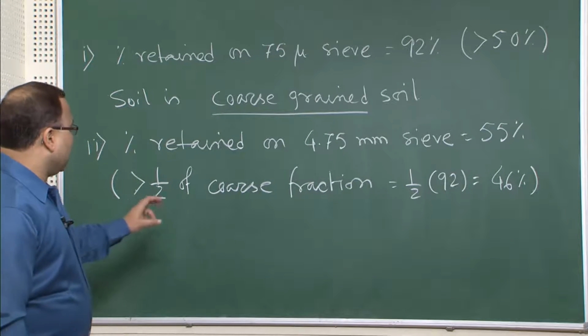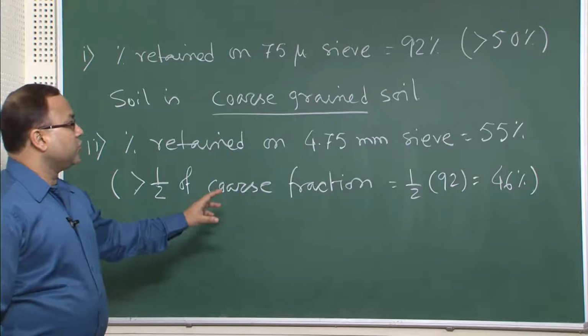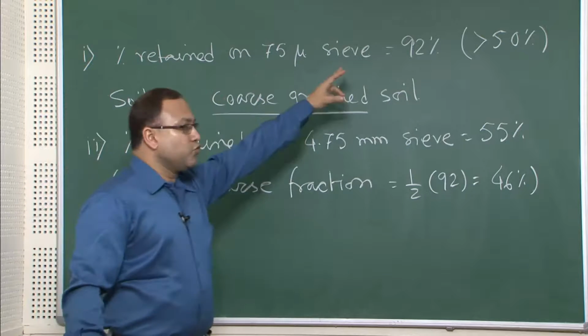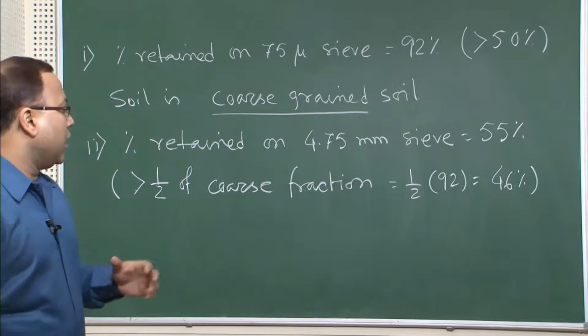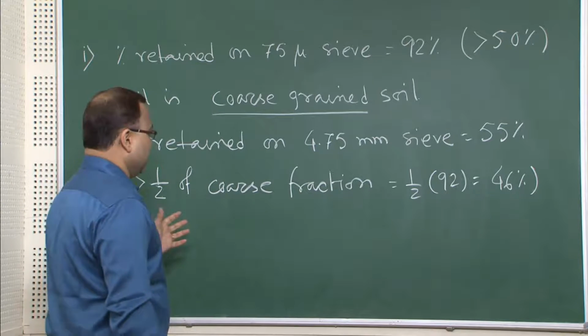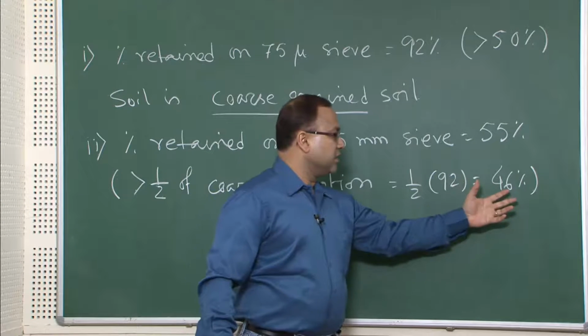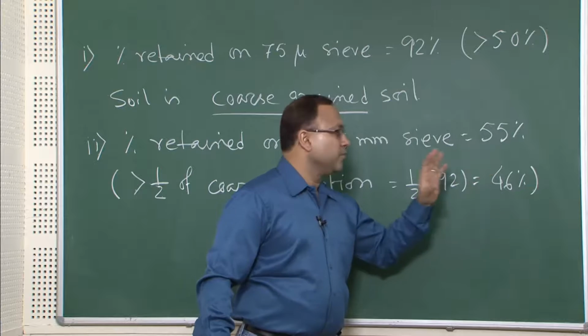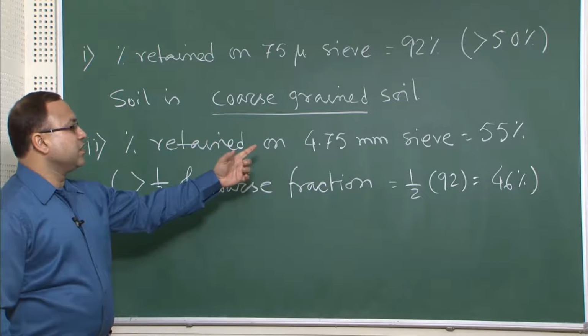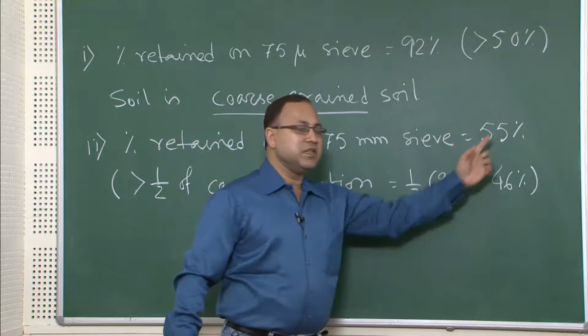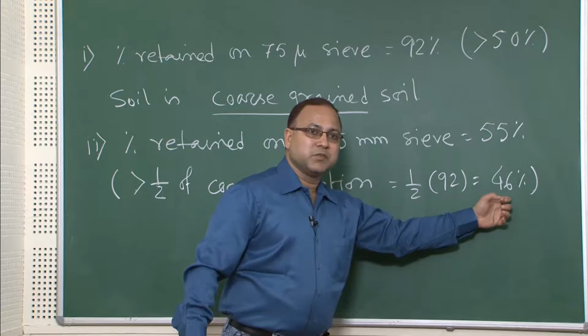Now, half of the coarse fraction, what is the coarse fraction? Coarse fraction is 92%, which is retained on 75 micron sieve. Now, half of the coarse fraction, that is 46%, right. But your retention on the 4.75 millimeter sieve is 55%, which is greater than 46%, right.